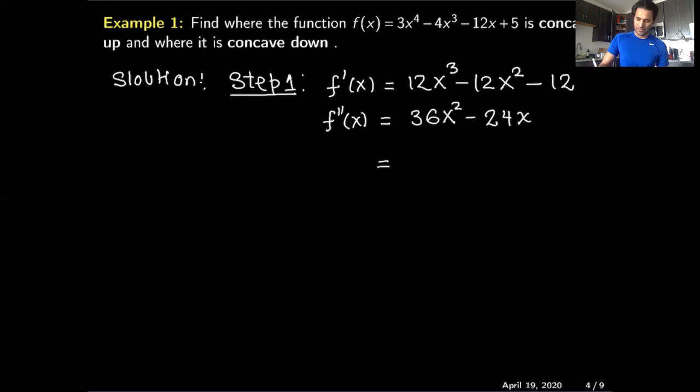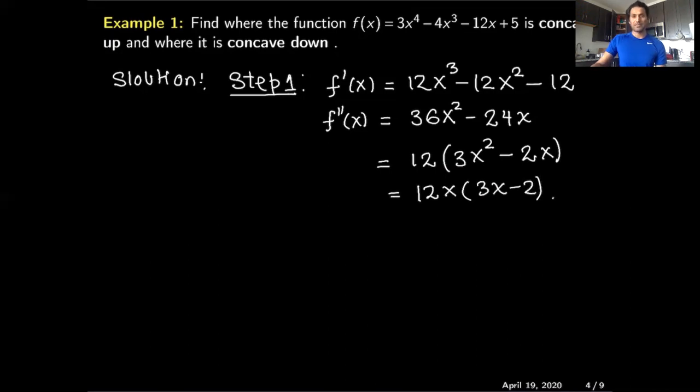I can pull out 12 as 3x squared minus 2x. I can also pull out x, so the factor will be 3x minus 2. This is my second derivative of the function, and I simplified it because in step number 2 I need to calculate the points where the second derivative is 0.